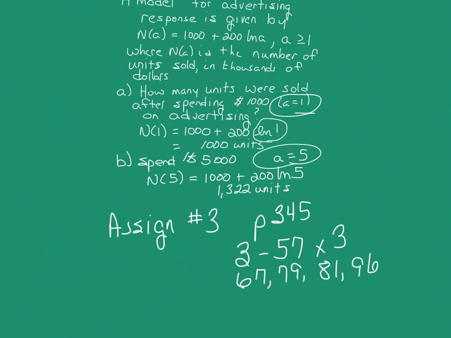Now you have a couple of questions where you are asked to graph the exponential and the logarithmic function. I always graph the exponential function first because that's a little bit easier, and then I graph the logarithmic function. Right?